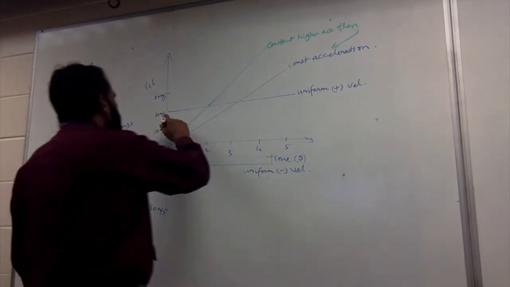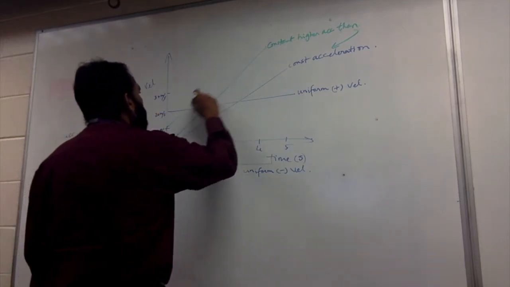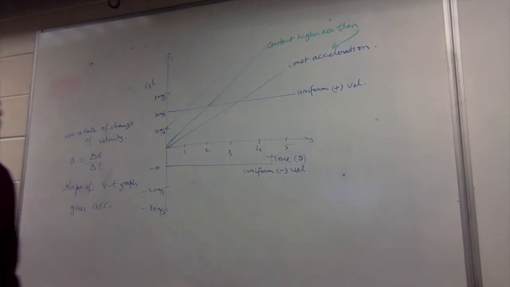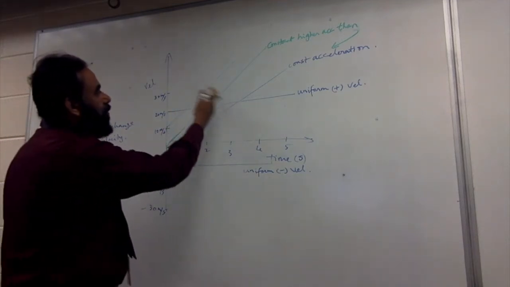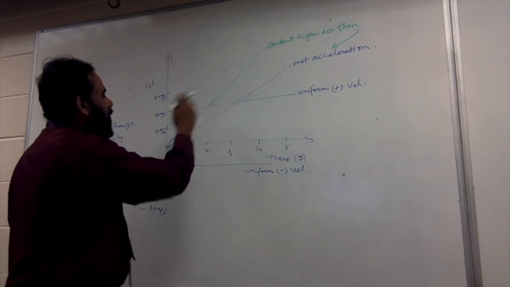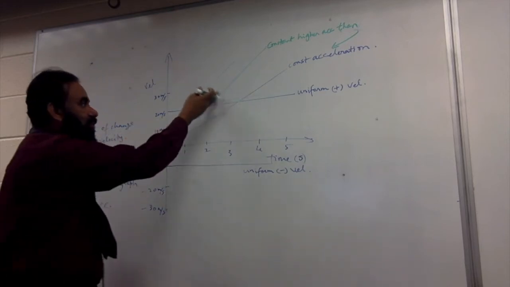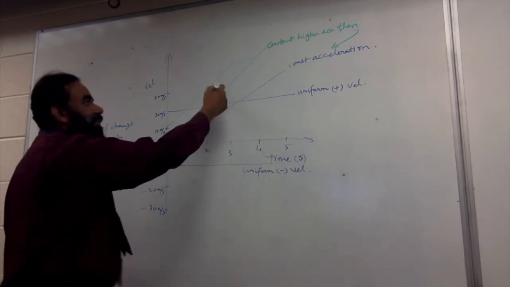Now what is this one? What is that line supposed to be? Don't worry about the slopes part of it. It looks like these two are the same slope, so don't worry about the values.